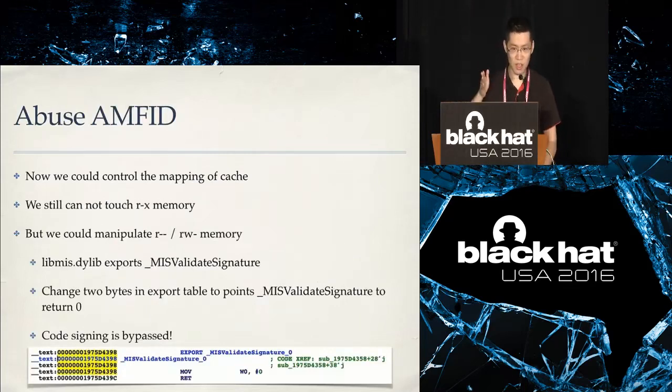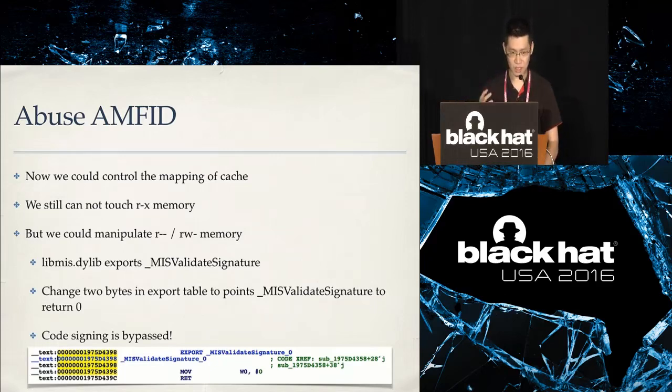If we recall how MFID tests whether it can accept the code signature or not, it will use MISValidateSignature. This function is exported by libmis.dylib. Since we could modify the read-only memory, and the export table is located in read-only memory, we just cheat libmis.dylib.